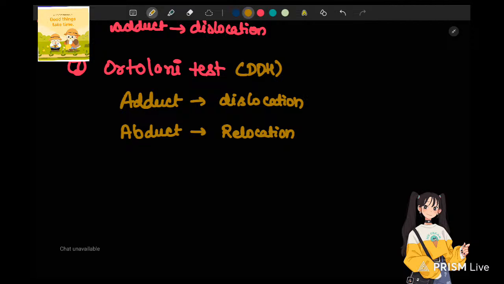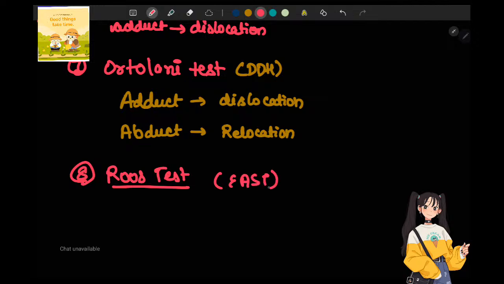After that, okay, then we have the Roos test. What happens in the Roos test? There is EAST, right? So you will abduct the arm plus open and close fingers.